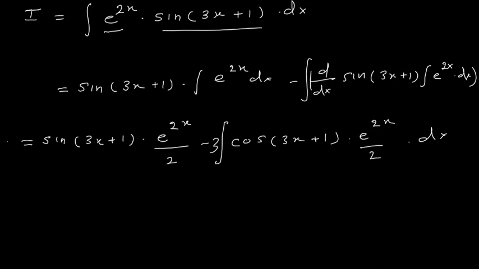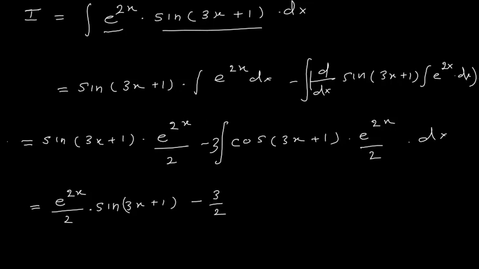So again, if you see this part here, we have cos, a trigonometric and an exponential function. So again I have to apply the u into v method. So this is e^(2x) divided by 2 into sin(3x+1), then minus, this is 3 times 3 upon 2, I will say 3 upon 2.